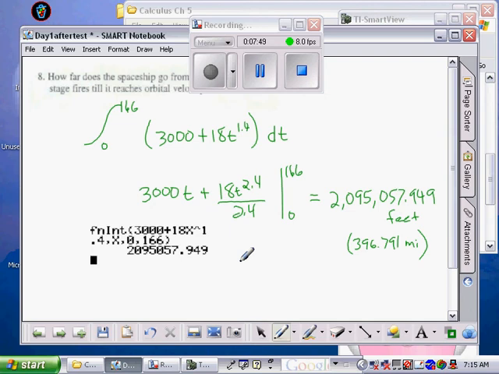And that's in just under 3 minutes. Pretty fast rocket. I think actually, let's see, number 9. Are you guys good on 8 first?